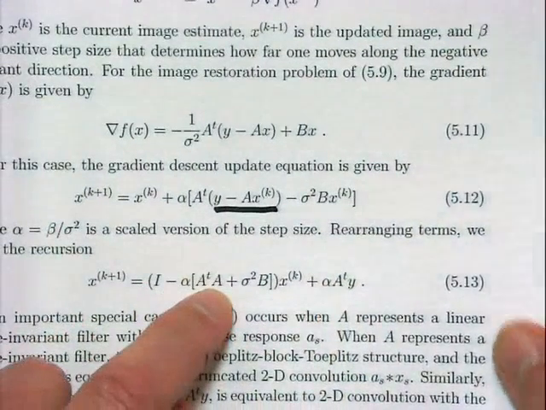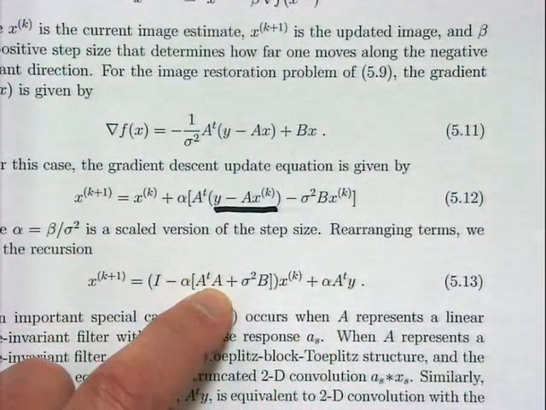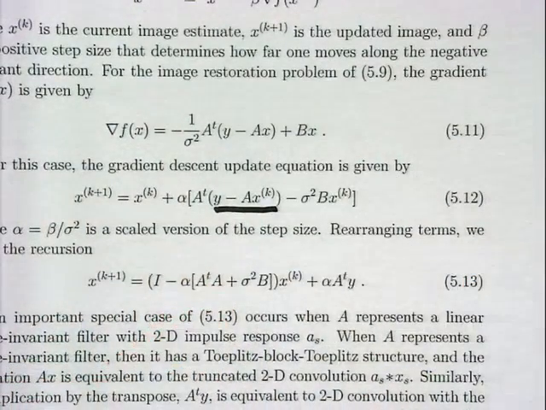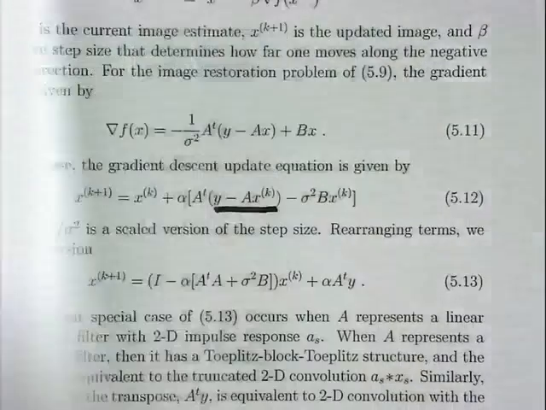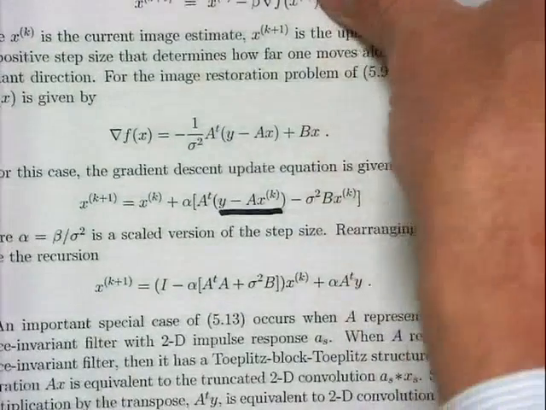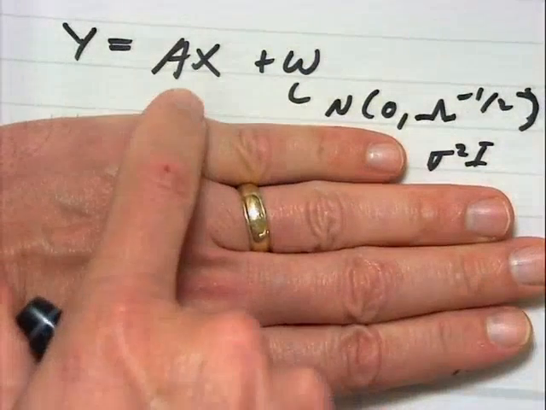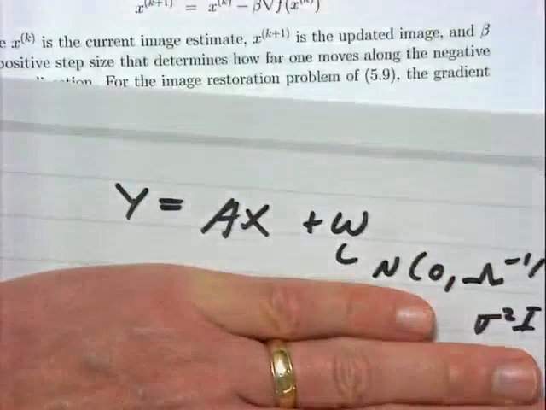Okay, so now, what is A? One way to get intuition in this problem is to think about what A is going to be. In a typical problem, you have Y equals AX, the problem you're solving.